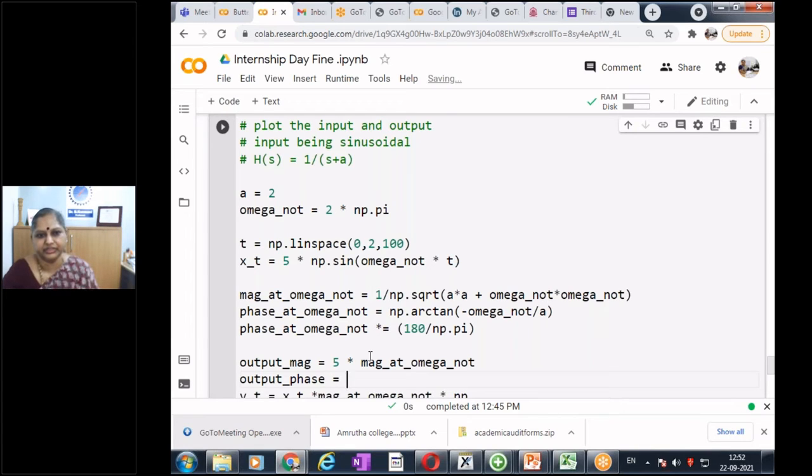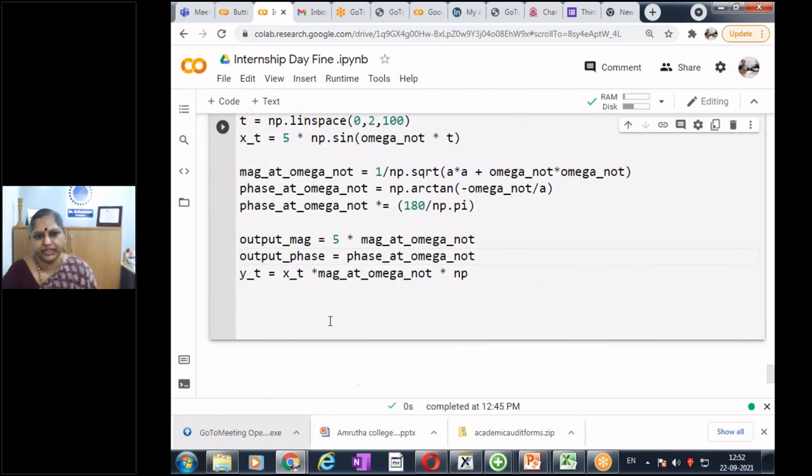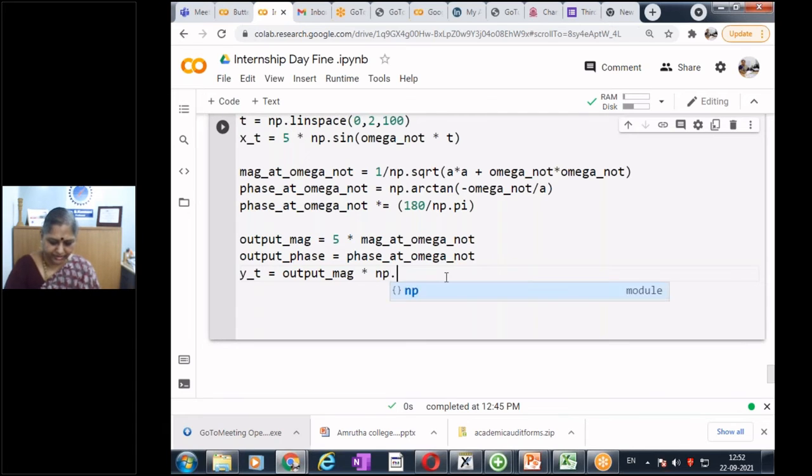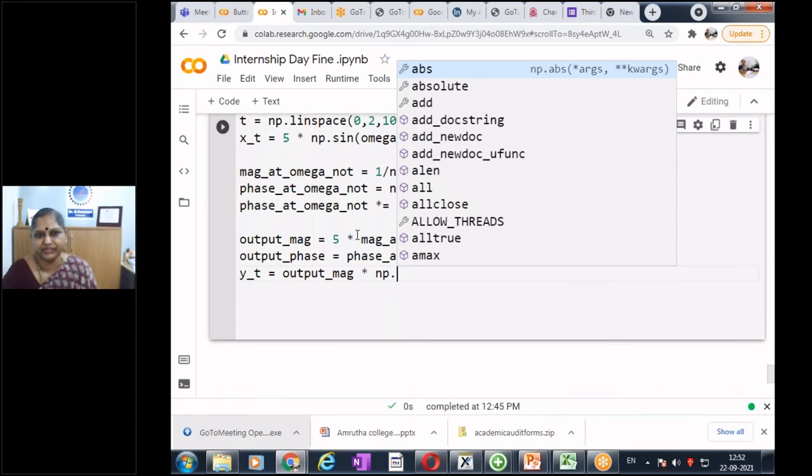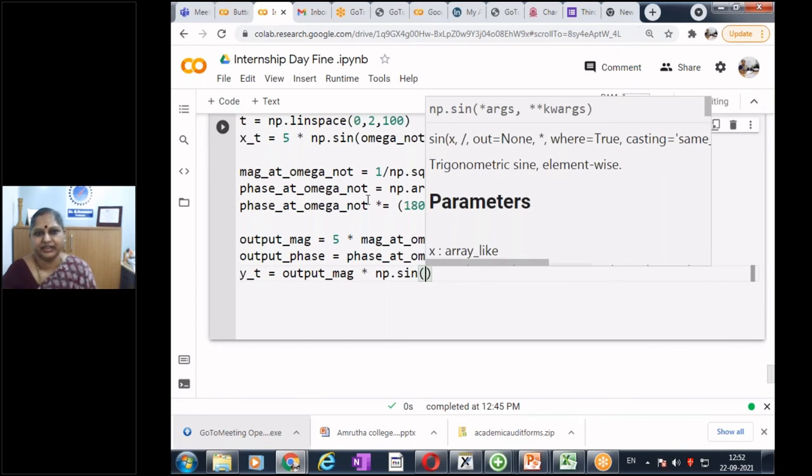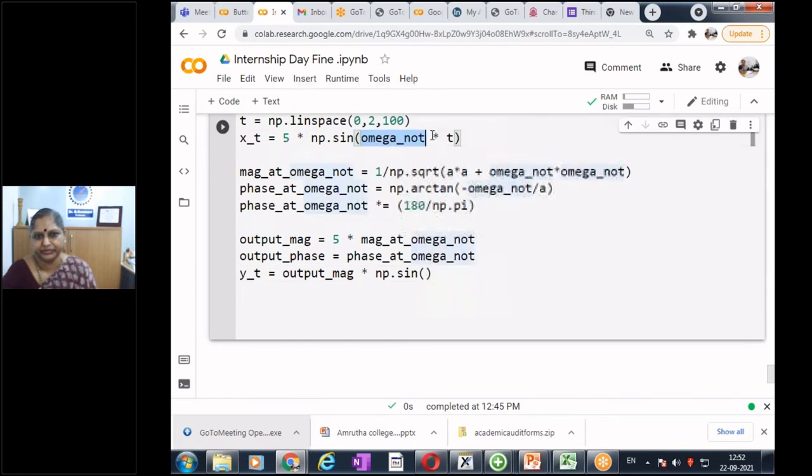The output phase will be this much. This is what I have. And finally, what is my output? Y of t is going to be my output magnitude multiplied by np dot sine omega naught t, my input signal.